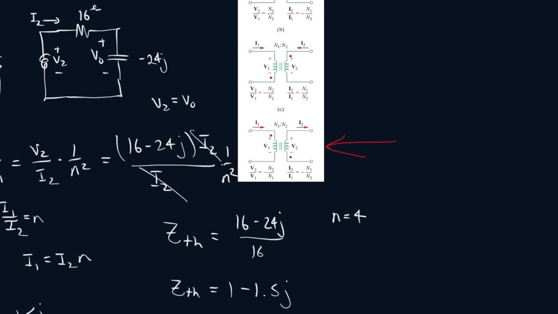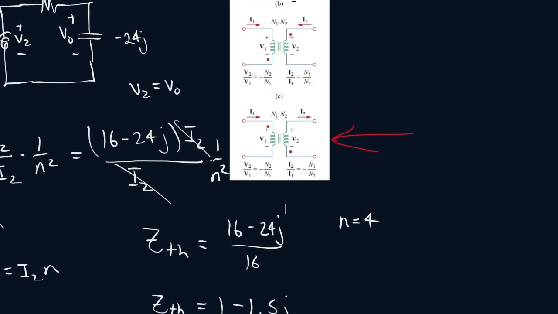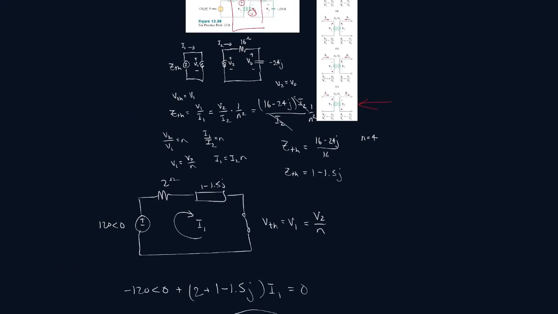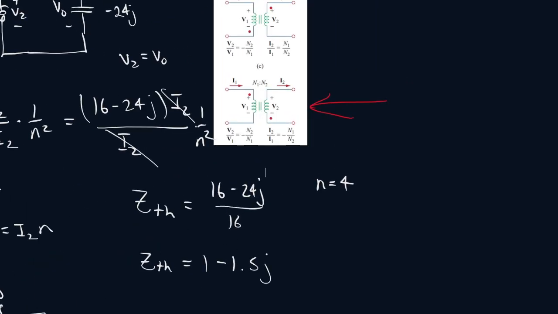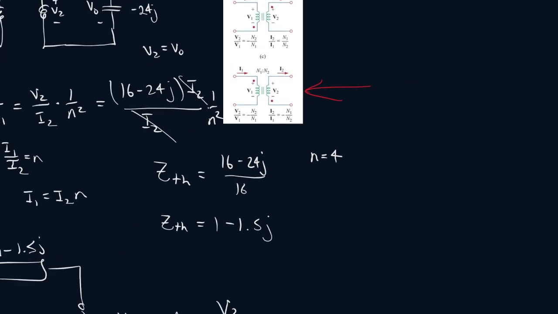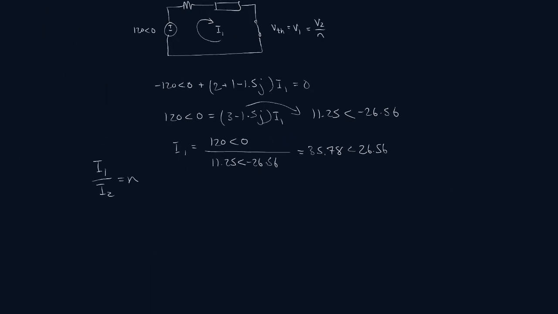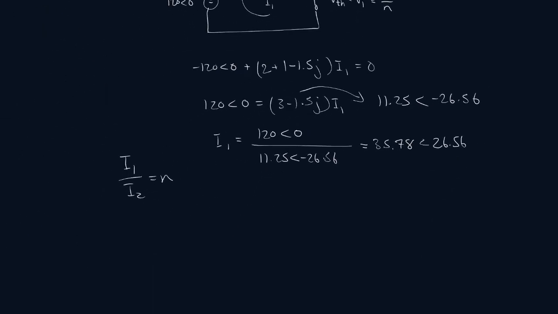And we see the dots are on opposite sides of each other. And we see this one as a match. And we see V2 over V1 is equal to minus N, and I2 over I1 is equal to minus 1 over N. So that means I1 over I2 is equal to minus N.